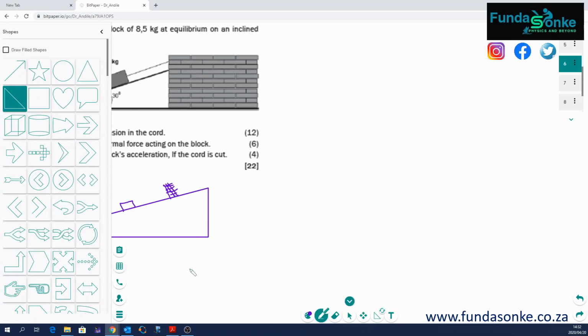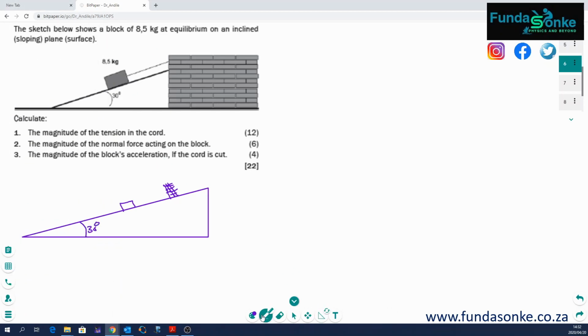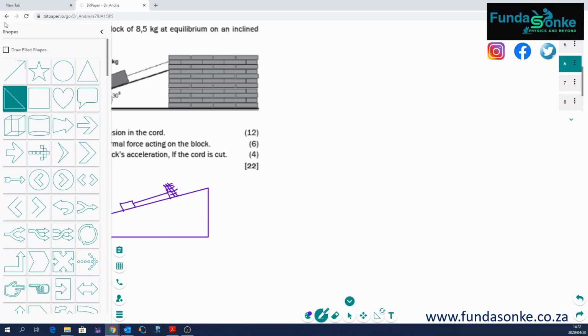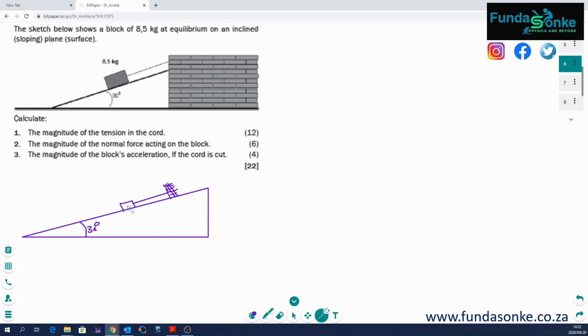Okay, such that now we want to draw the forces that are acting on the object. Okay, in this case, since it is a mass on a surface, therefore we're going to have force due to gravity acting vertically downwards, like that.